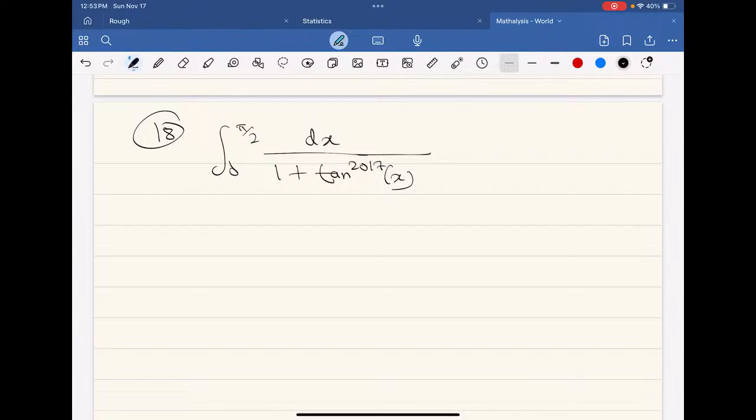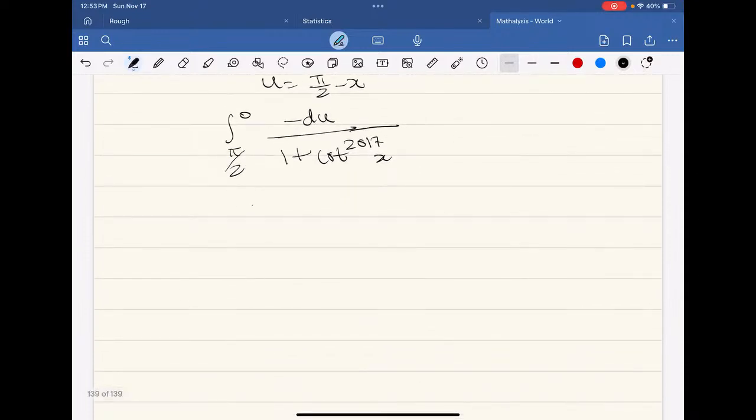If you make a u substitution that u is pi by 2 minus x, then this will just be integral going from pi by 2 to 0, and dx will be minus du, and this will just now be tan of pi by 2 minus x, which is just cot x, so this will be cot to the power 2017. Now you can use the minus sign to reflect the limits of integral so that it goes from 0 to pi by 2, and now this will be du by 1 plus cot to the power 2017 u, right?